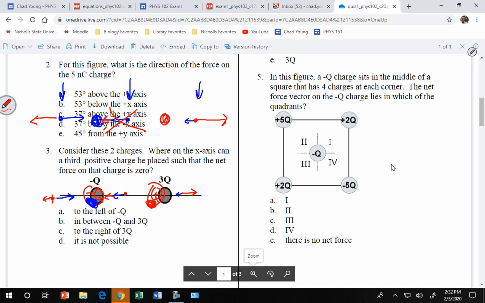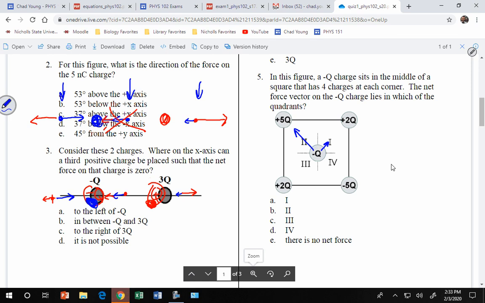So here we're drawing the vectors again. I'm going to start with the 5Q and go around clockwise. I have a relatively big vector from the 5Q. It's attracted because I have opposite charges. A smaller vector for the 2Q.